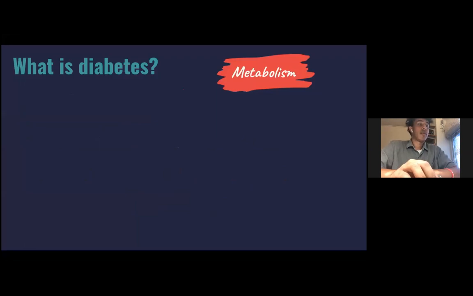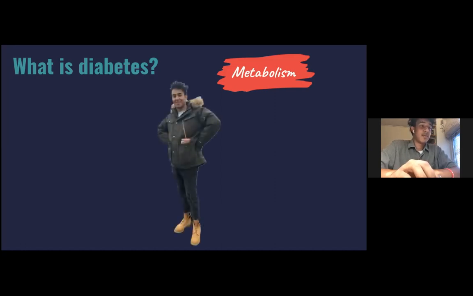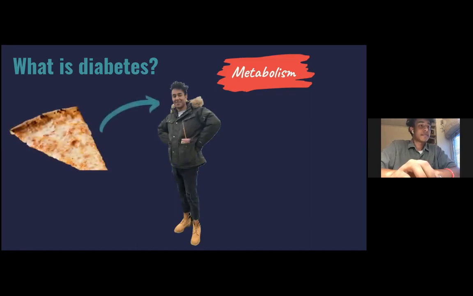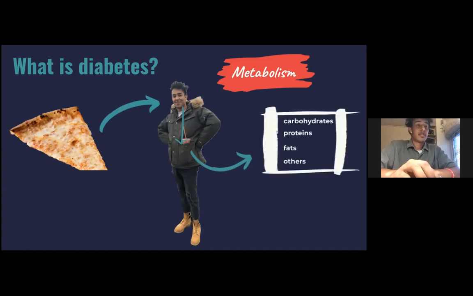Okay, so now to better illustrate diabetes, I'm just going to talk about what metabolism looks like in someone that is a non-diabetic. So here's me. Let's say that one day I decide to eat a pizza. As I eat this pizza, it'll travel down my body into my digestive system, and it'll be broken down into several different components. Some of which are carbohydrates, proteins, fats, and several other nutrients, which I need to sustain my metabolism.